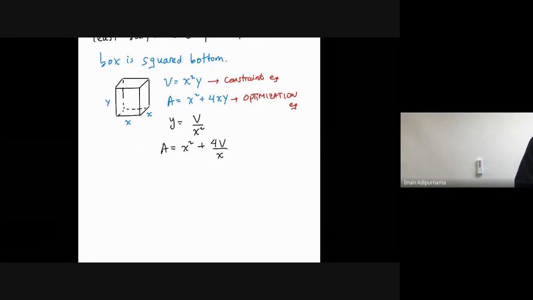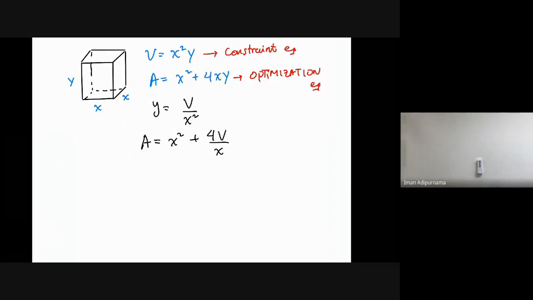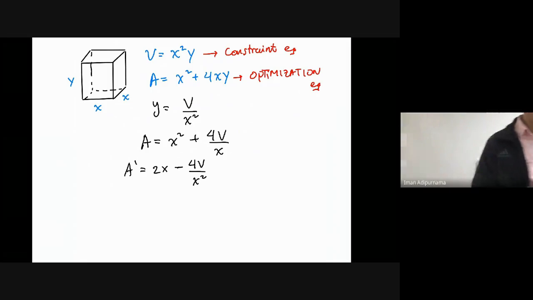Okay, so this is your model, your optimization equation. So it's all one variable. Okay, the V is the constant. So we can derive. So A prime will become 2x minus 4V over x squared. And let's set this equation equal to 0.